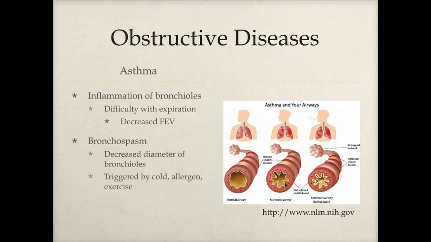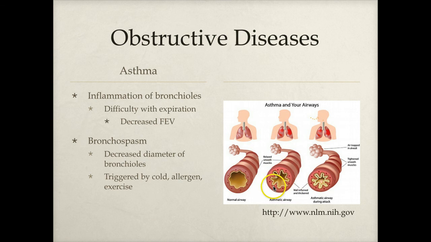So this inflammation, again, makes it difficult to expire or to exhale. And so a person with asthma would also have a decreased FEV. Forcing air out of the lungs very quickly is going to be a difficult challenge for someone with asthma.